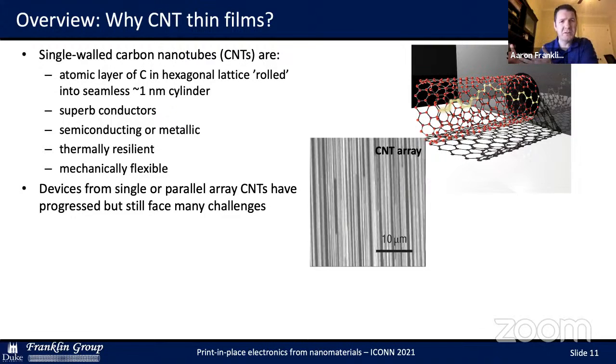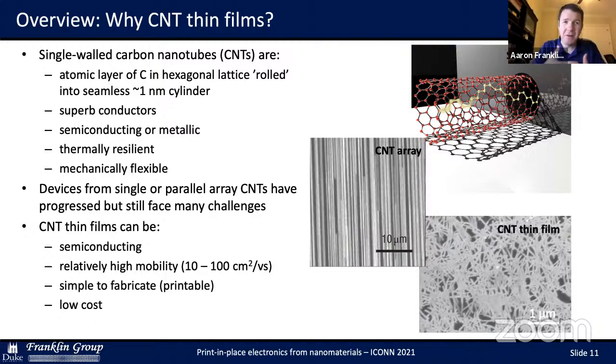Ideally, we would make devices from carbon nanotubes in these perfect lined up arrays. And that's still something that has some effort to it, but it's not practical if we're trying to get to a low cost, versatile platform that printing would offer. And so instead, we use the easiest thing that you can make from carbon nanotubes, which is a tangled network or thin film of nanotubes.